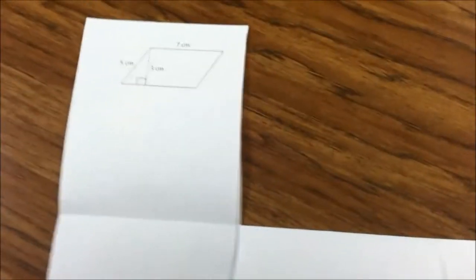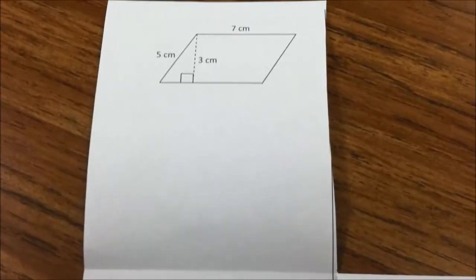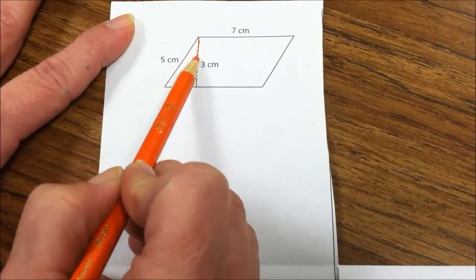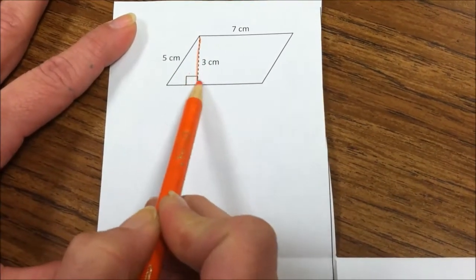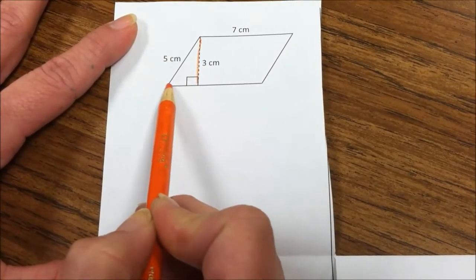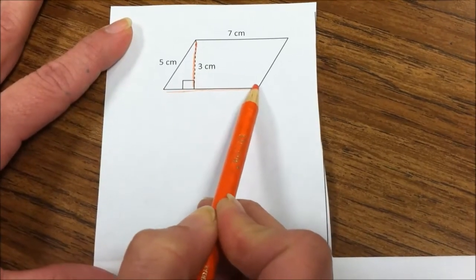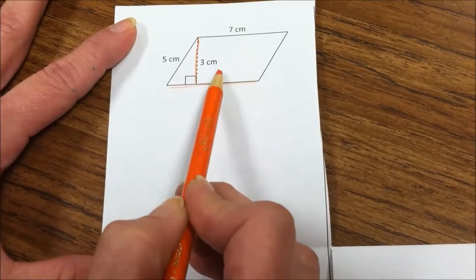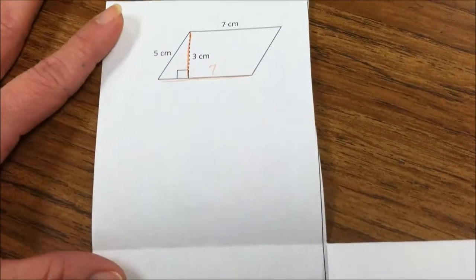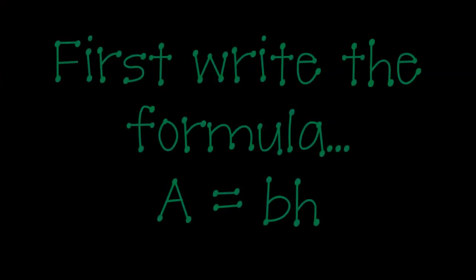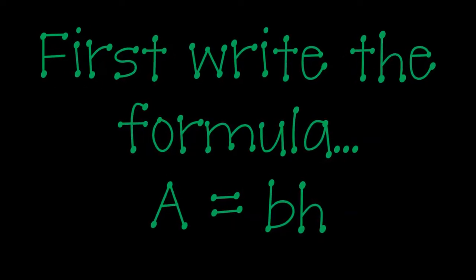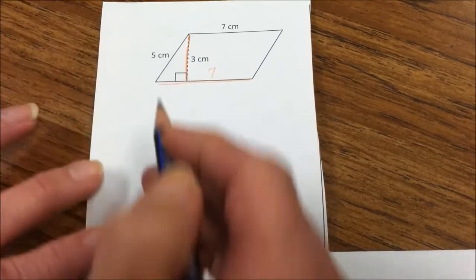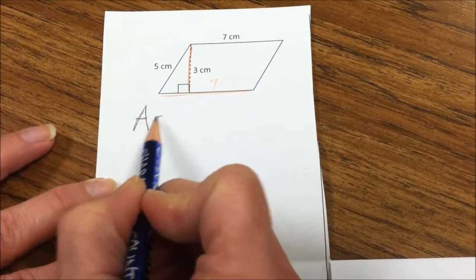Alrighty, so let's take a look at our first example. Our height, you can see, is already 3. Well, there's my right angle, so I know that the base is going to be down here at the bottom. So we're taking the 7 up at the top, which we know is going to be the 7 down here. So I have my area.